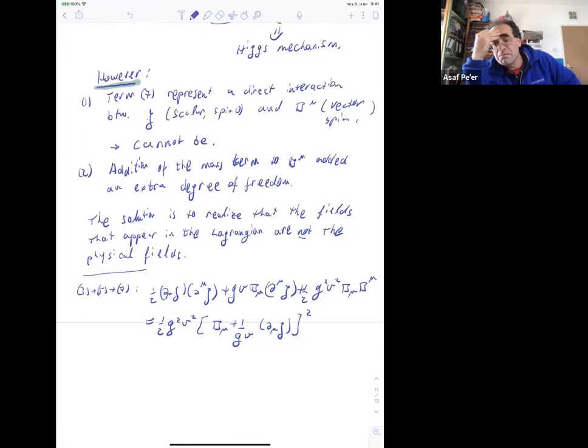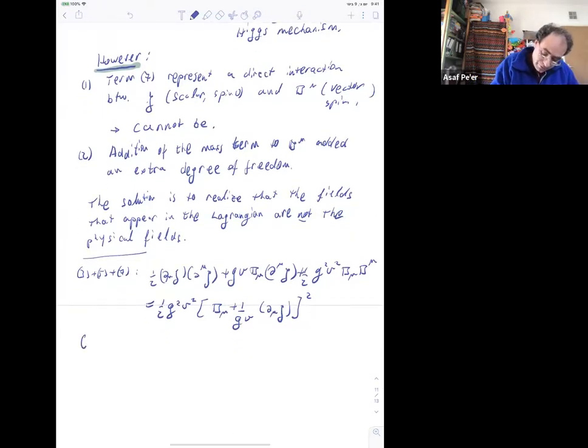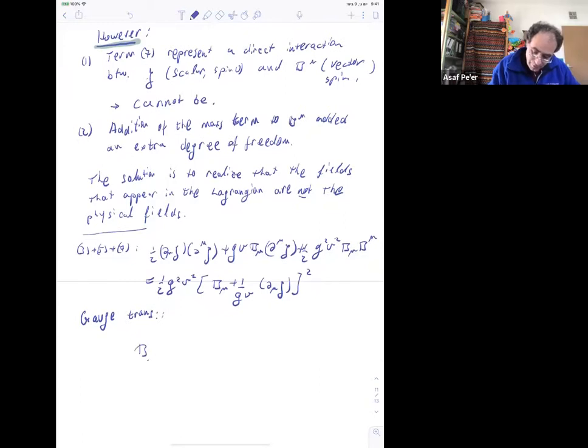Just simple algebra, right? But now I can make a gauge transformation. B mu of x goes to B prime mu of x, which is just B mu of x plus 1 over g v d mu of psi of x.